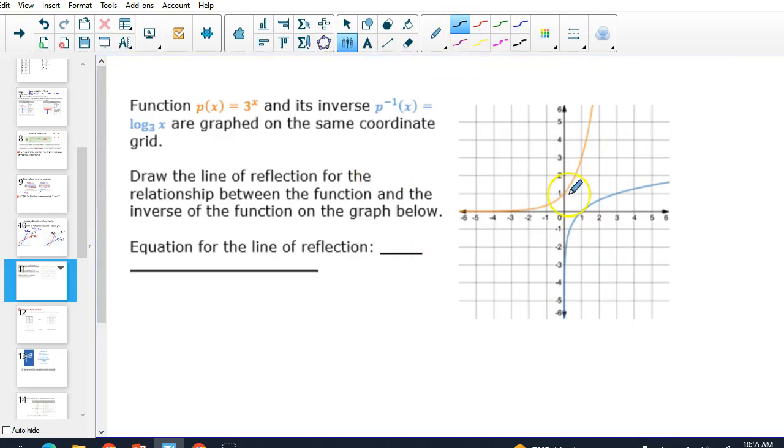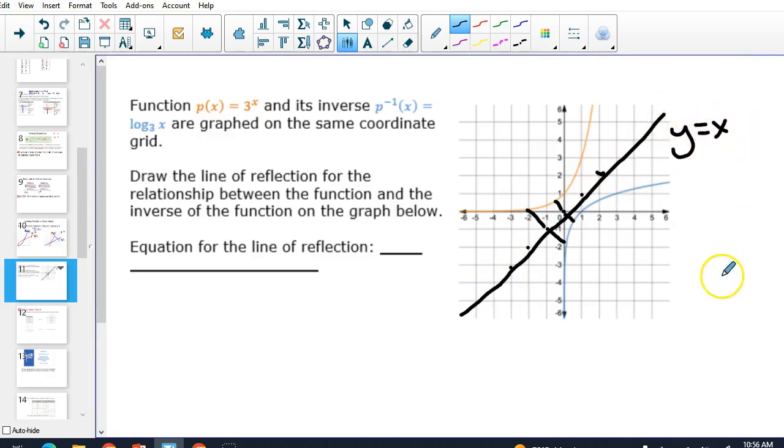If I wanted to draw a line that represented where they were flipping, it'd be about, that's a little lag. If I draw little points halfway in between these two lines, the two functions, roughly where they're going to meet. So the distance from the top and the bottom is the same. What ends up happening is we're actually going to get that line straight through y is equal to x.